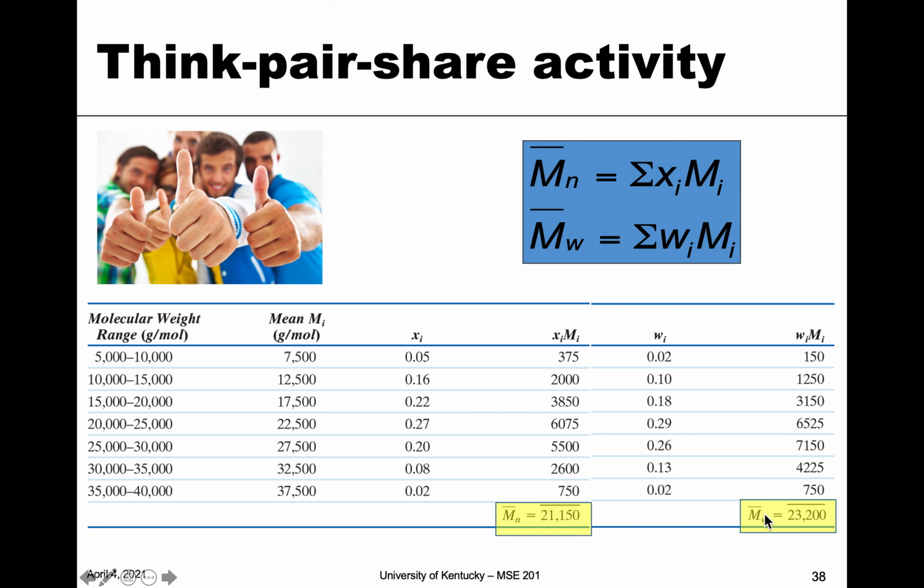So that's how we can go through and get those. Again, in this case, all of the mi, xi, and wi were already given, so we just need to multiply and sum those terms together. And again, note that the weight average is larger than the number average.